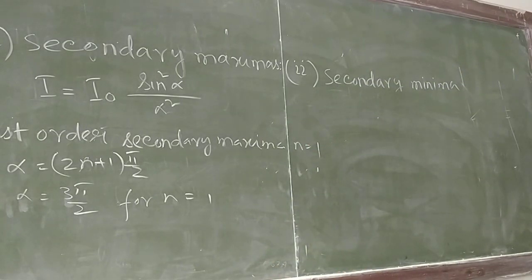Very simple. For n is equal to 1, you will get 3 pi by 2. That is the condition for first order secondary maximum.